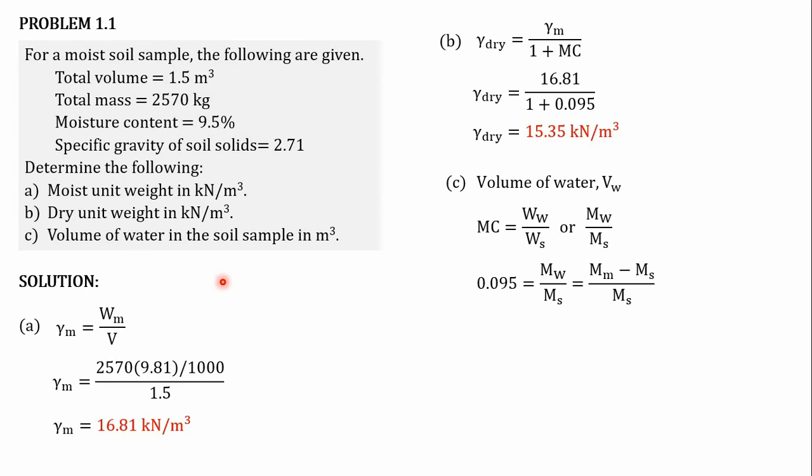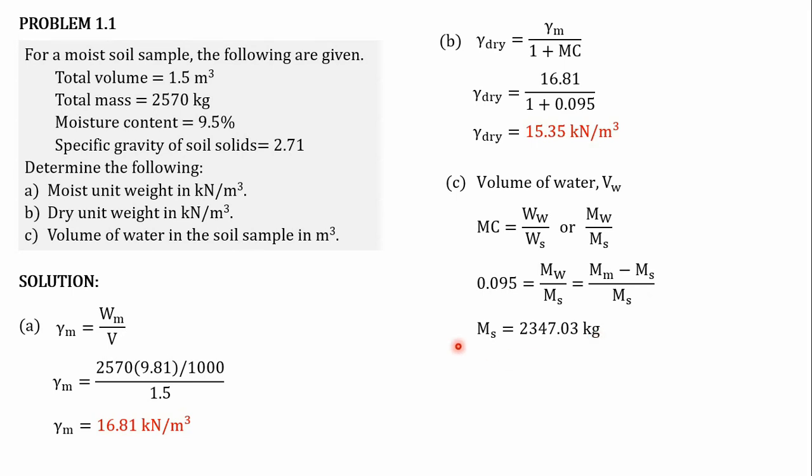Gets nyo? That's why mass of moist soil is equivalent to mass of water plus mass of solids. To get the water, we just subtract the mass of solids, so only the mass of water remains. Therefore, we can now solve for the mass of solids.